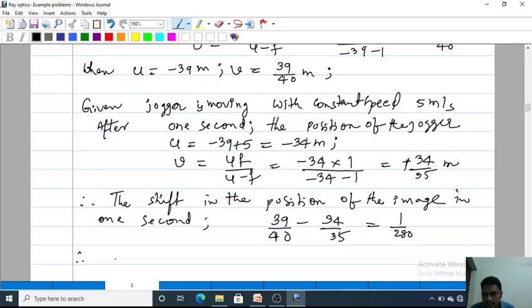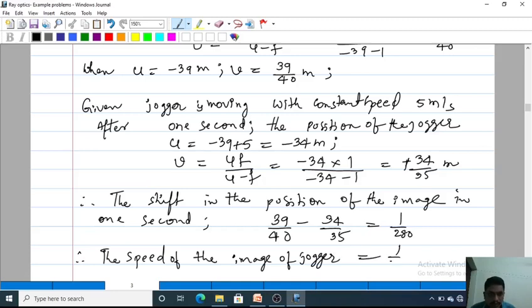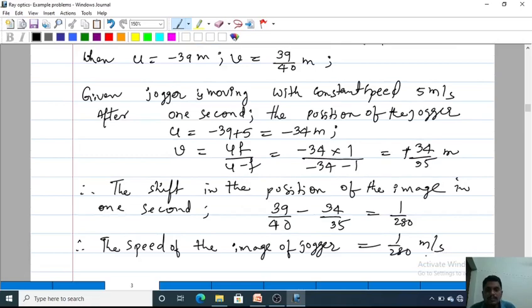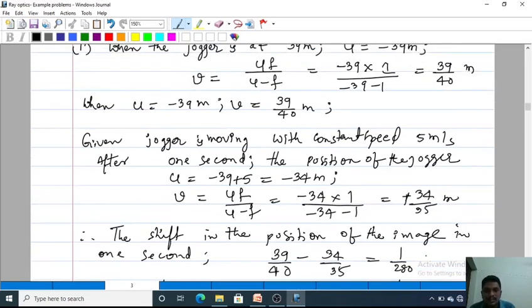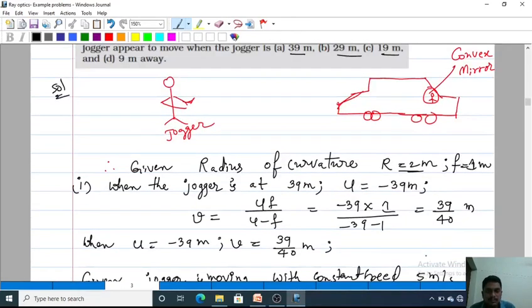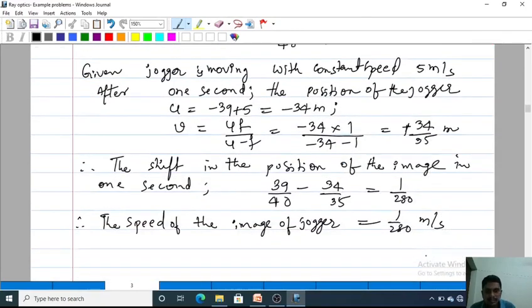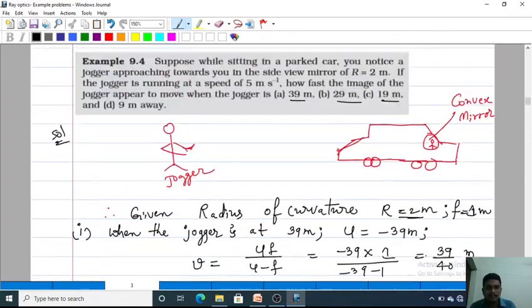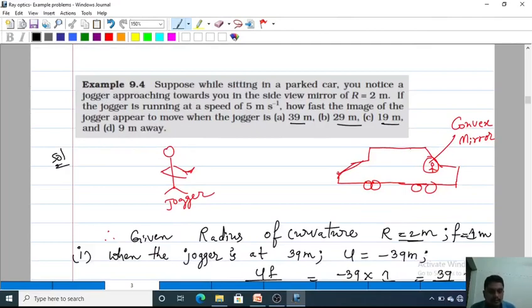Therefore the speed of the image of the jogger will be 1 by 280 meter per second. The jogger appears to be coming with a speed of 1 by 280 meter per second to an observer in the car.